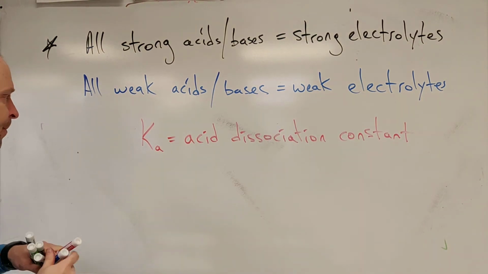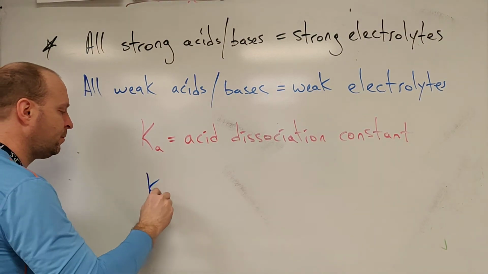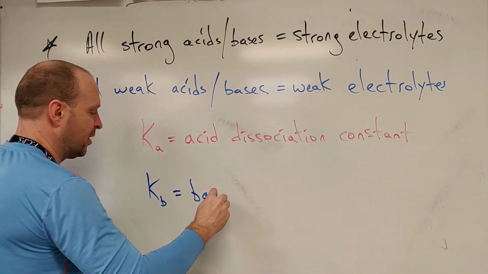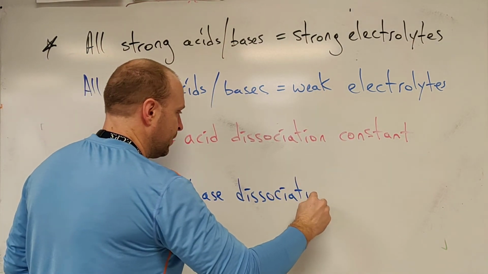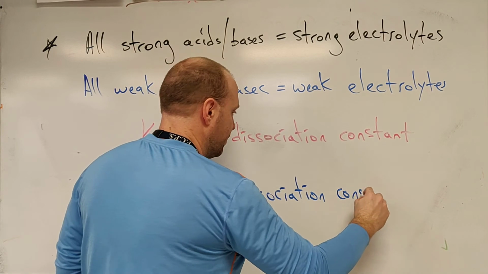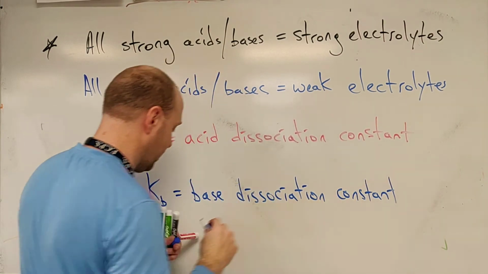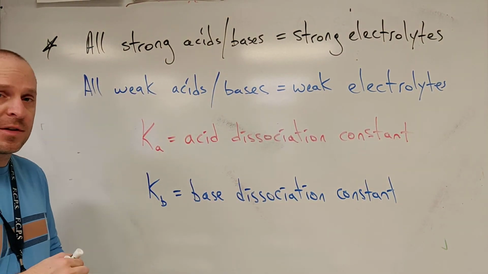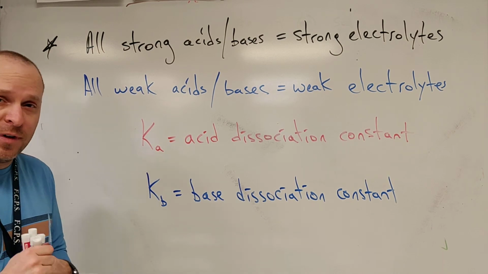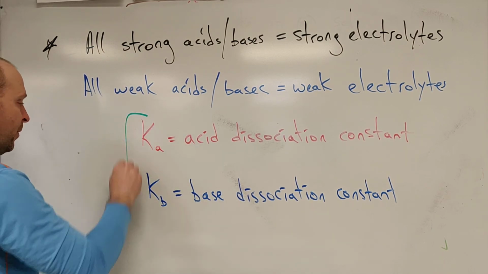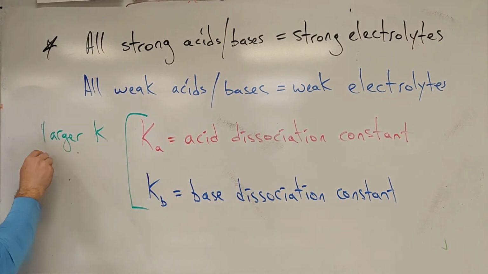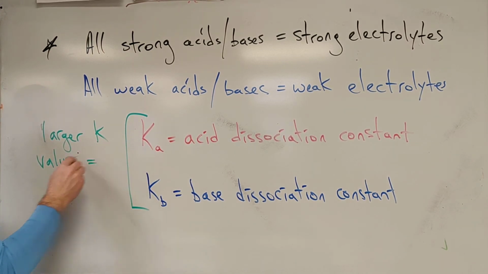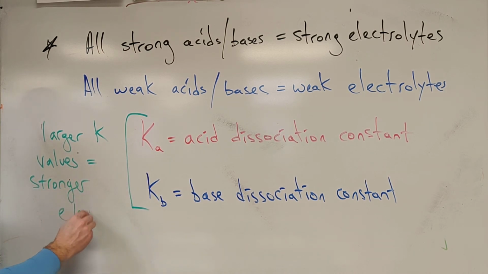And Kb is our base dissociation constant. And what is important to us is the idea that larger values are stronger, all right? Larger K values give us stronger electrolytes.